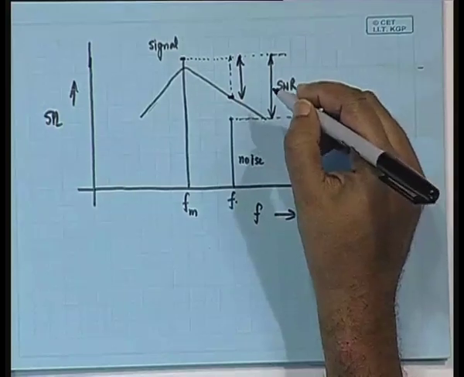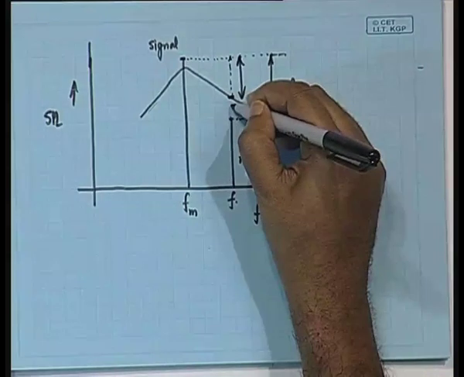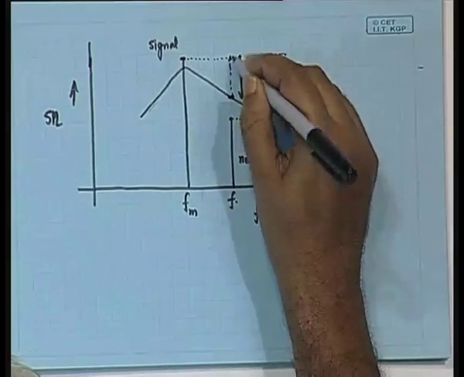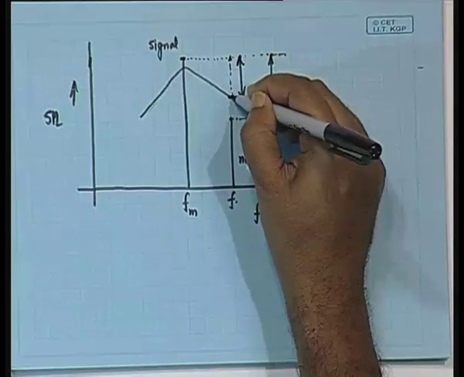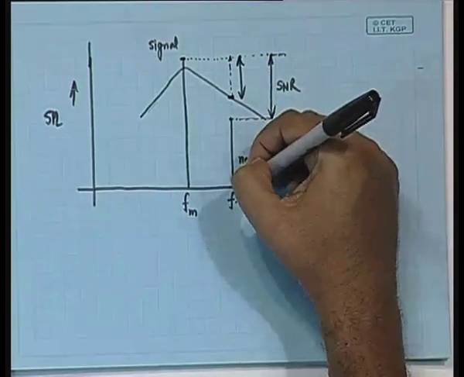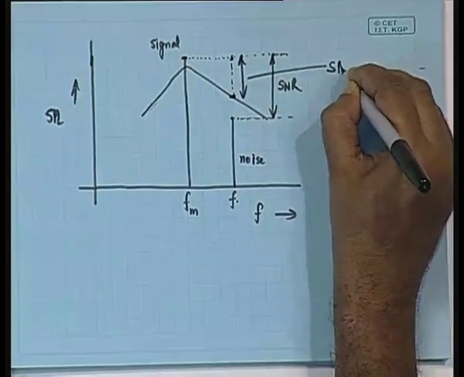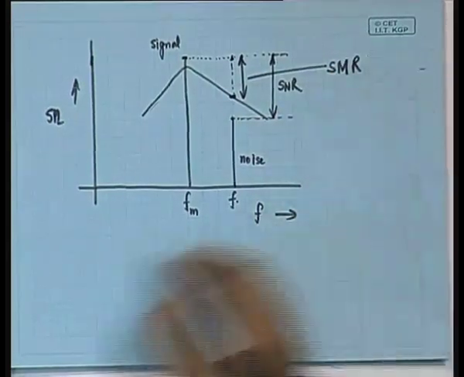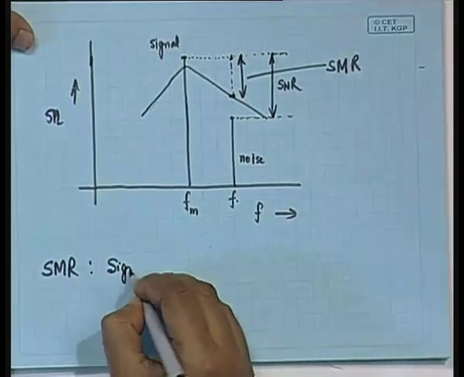That signifies that your noise should be below this. And this particular level, what we get as the difference between the signal level and the masking threshold level at a frequency f, is referred to as the signal to mask ratio, SMR. So, SMR stands for the signal to mask ratio.